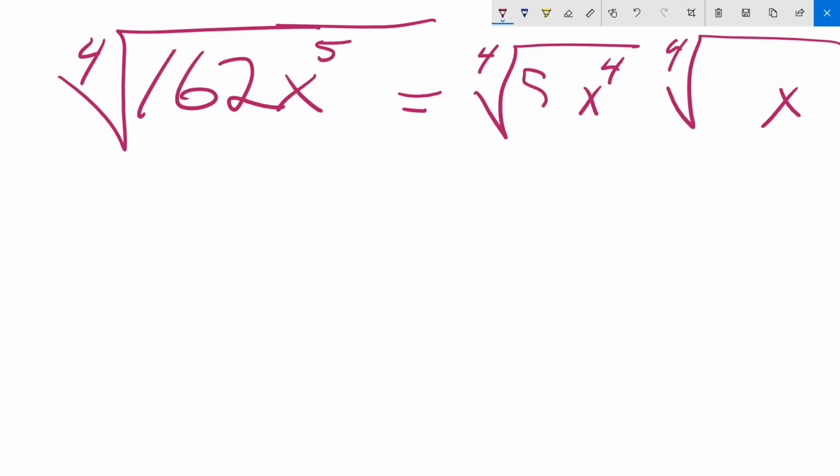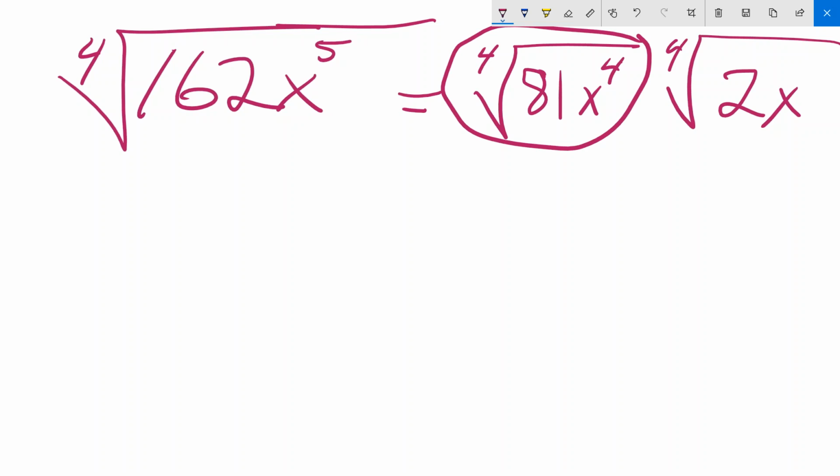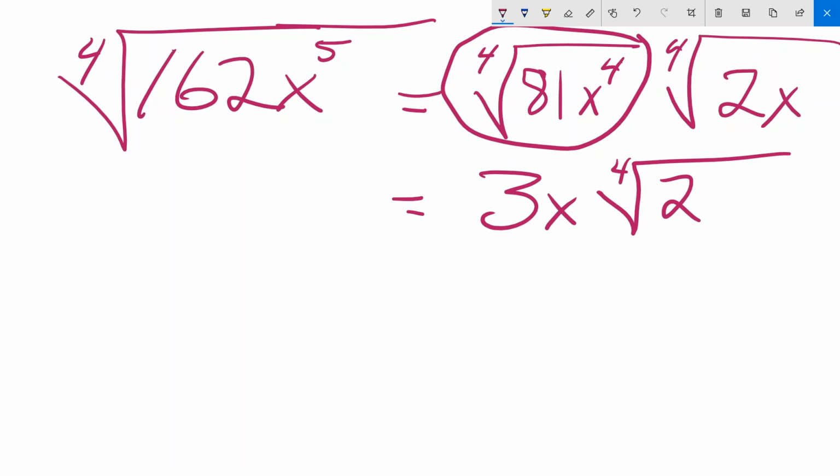So I'm going to leave 81 there, and I'm going to put 2 there. Now, what is the answer to that? 3x. Okay. And the rest of it is simply the 4th root of 2x. Can't really simplify that.